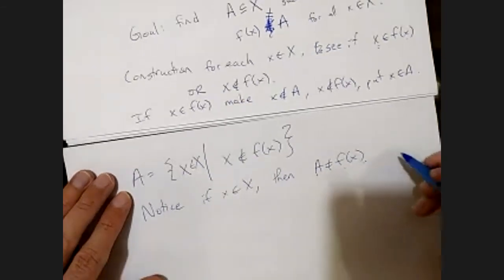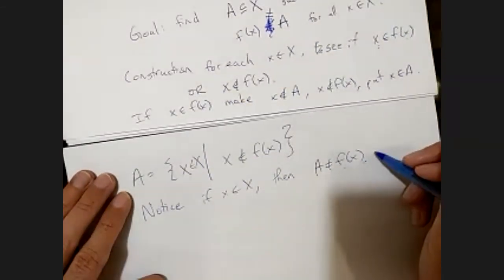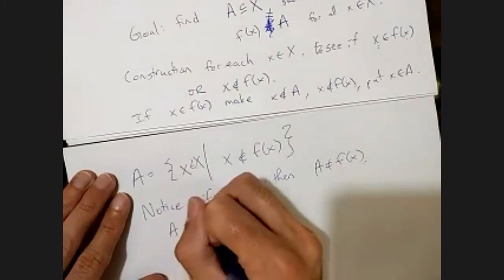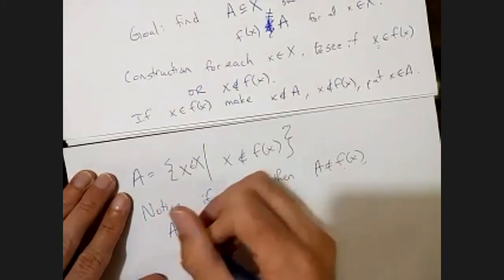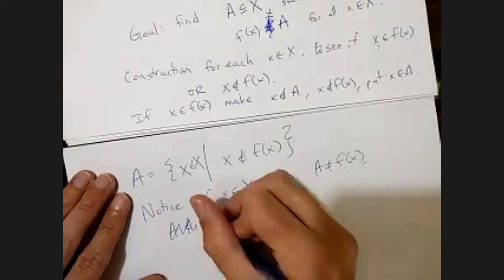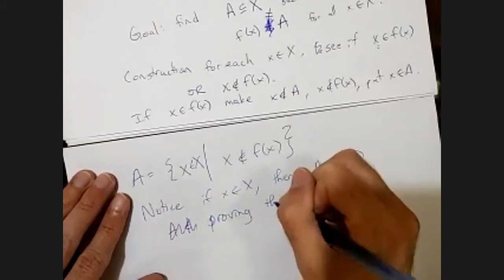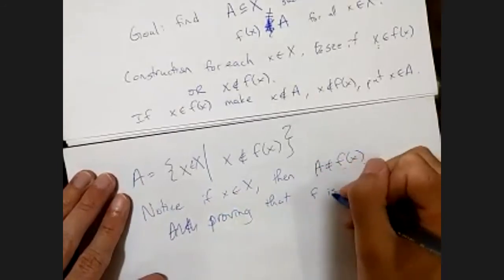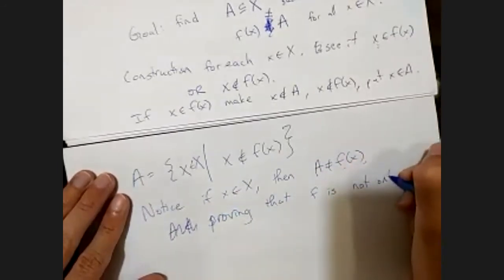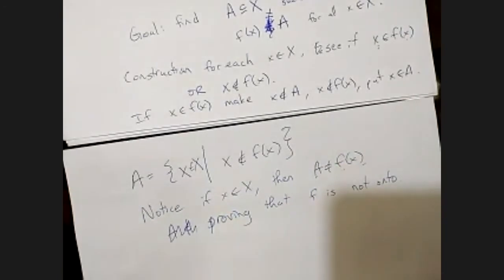So A is not equal to any of the f of x's, proving that f is not onto. No matter how we constructed f, it can't be onto. And that would be a contradiction.